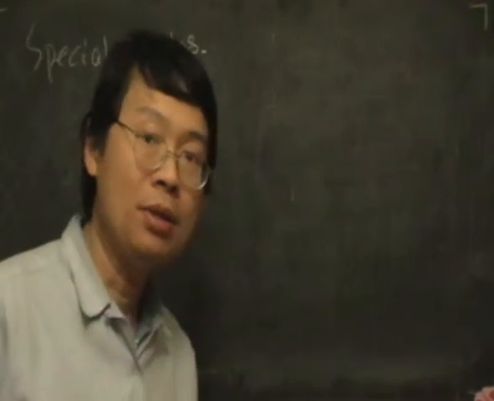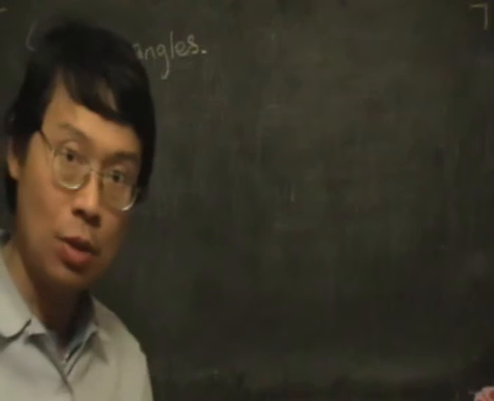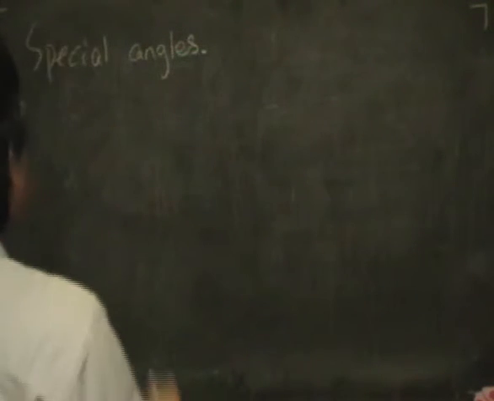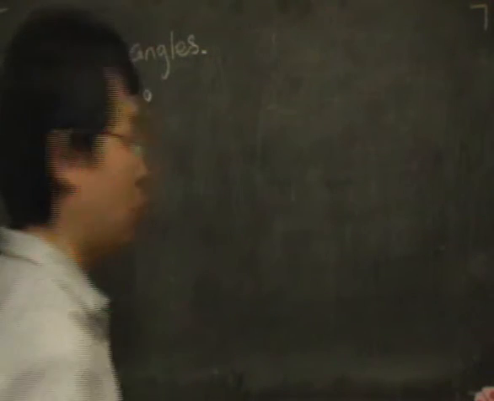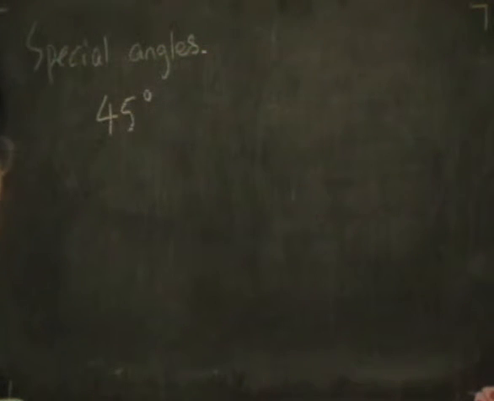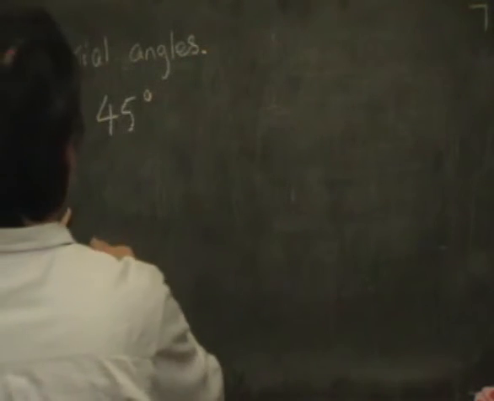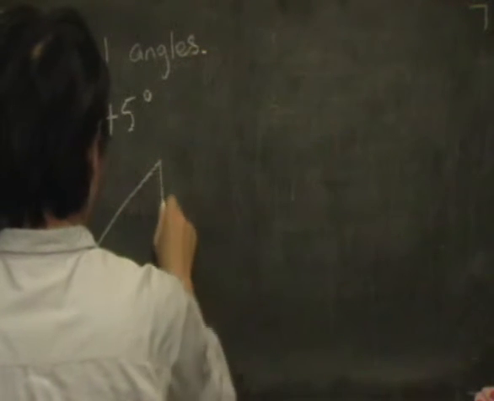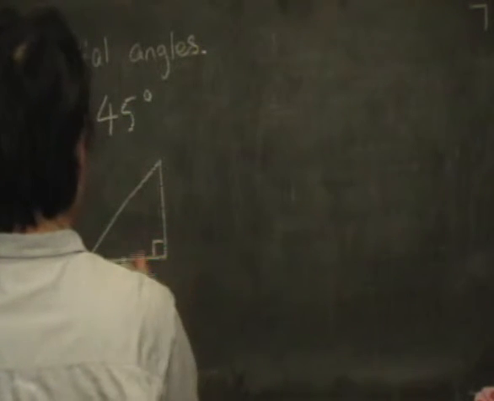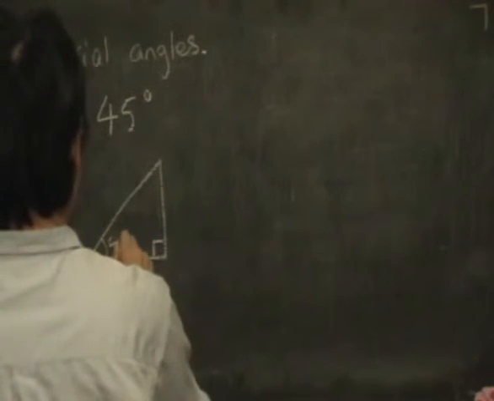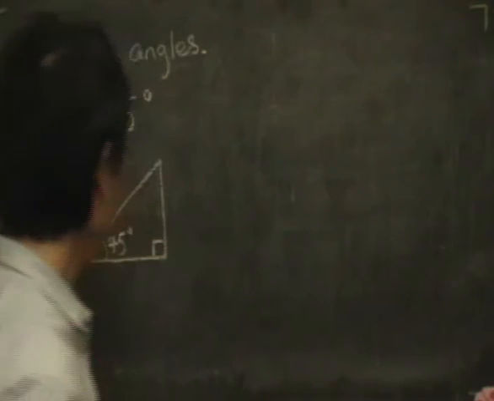Now there is one more special angle that I want to look at before we finish, and that's 45 degrees. So let me draw the triangle for this. Right angled triangle, 45 degrees.